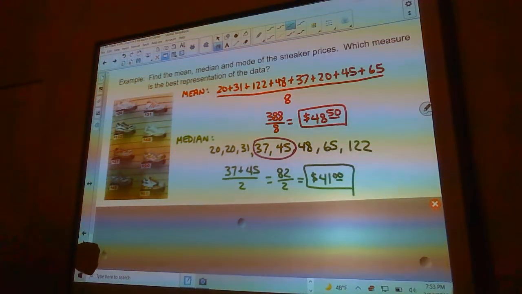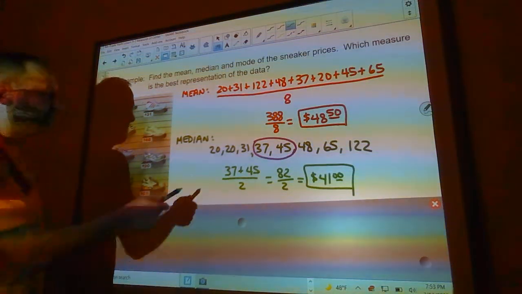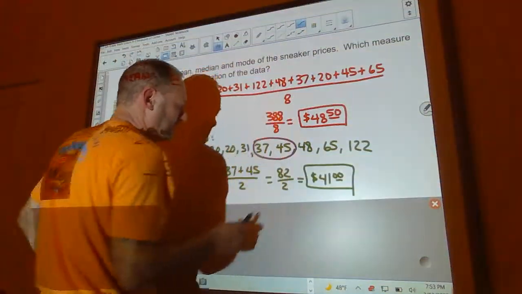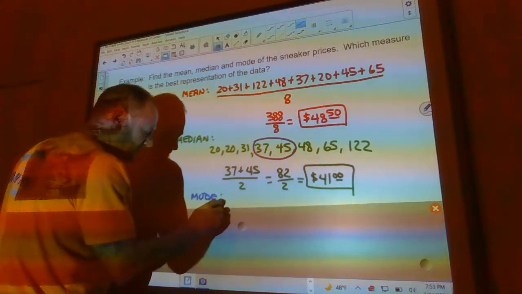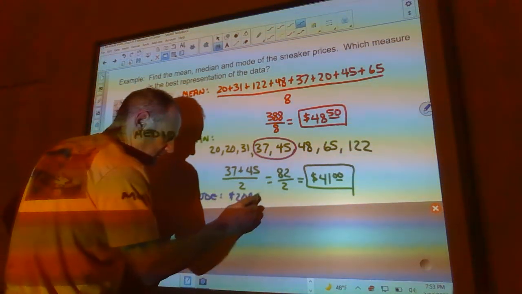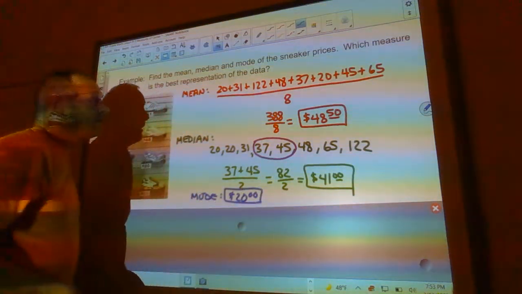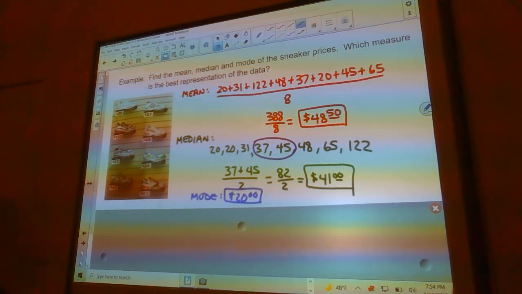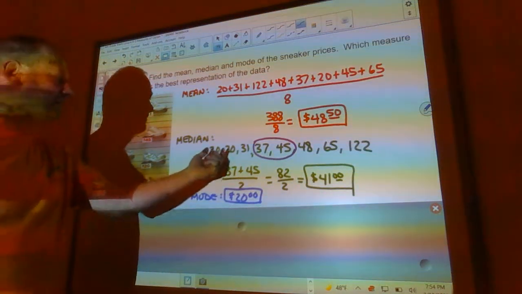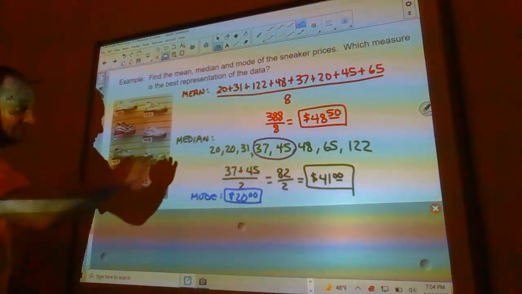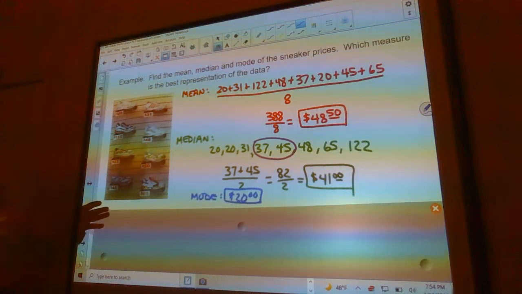Okay, and then finally I have a mode. This one occurs twice for $20. So the mode is $20. Okay, which one do you suppose represents the data the best? Well, it's kind of a toss-up. I can throw out the mode because if this was the cost of shoes, I wouldn't expect to spend $20 on shoes.